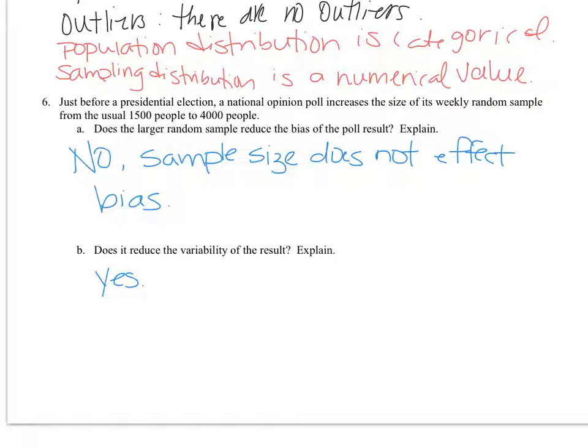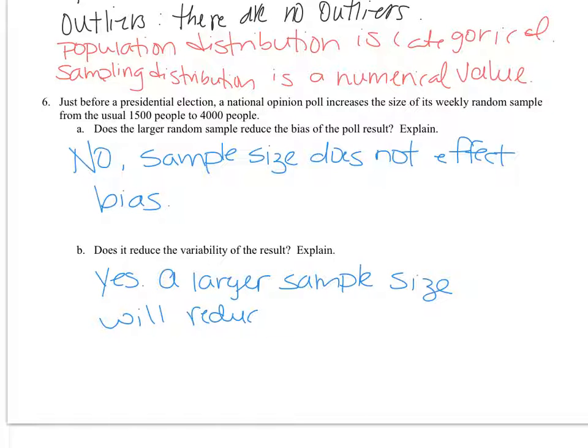So a larger sample size will reduce the variability. More people means more information, which means less variability.